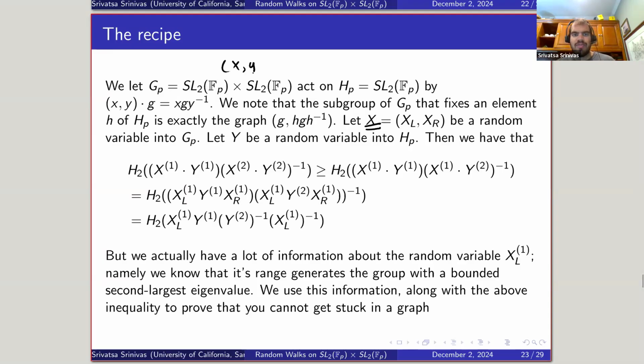That is, x, y acting on g is x g y inverse. Okay. So I'm just going to write it out by definition. So x1 acting on y1 would just be equal to xl1 times y1 times xr1 inverse.